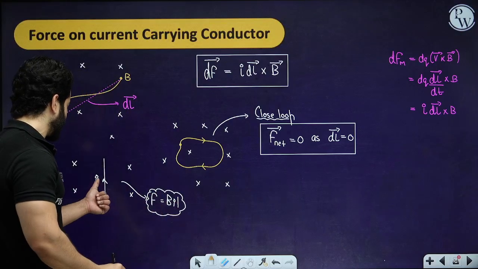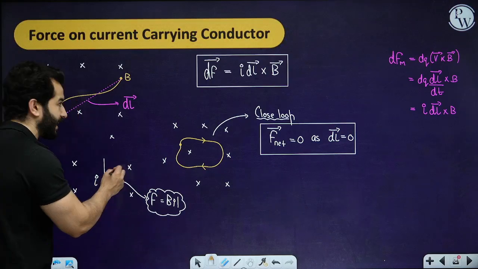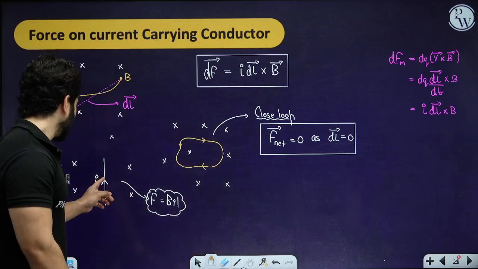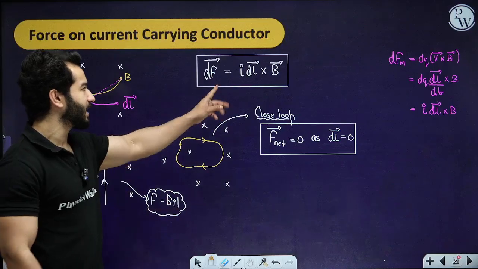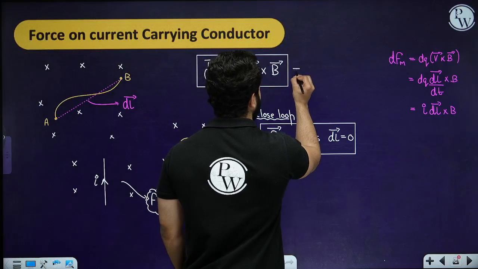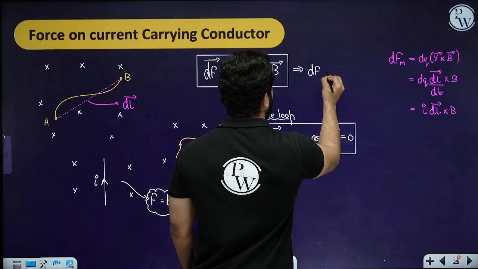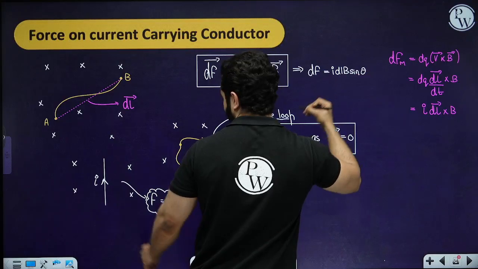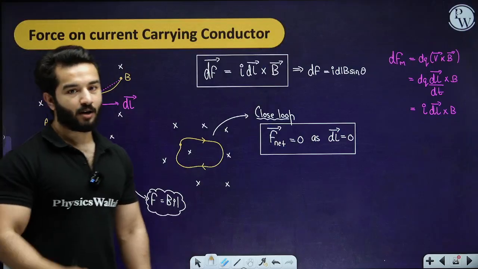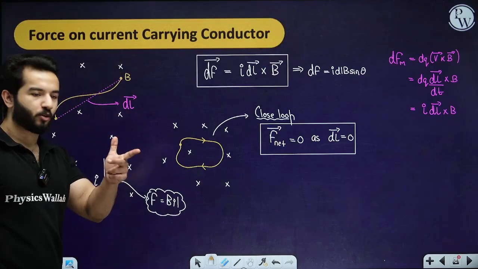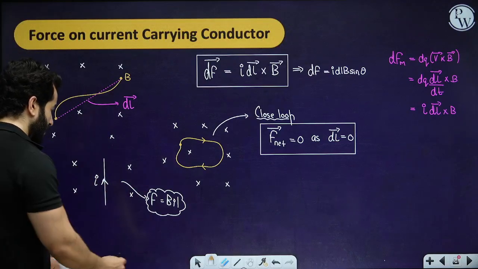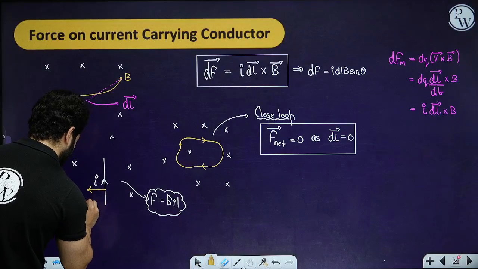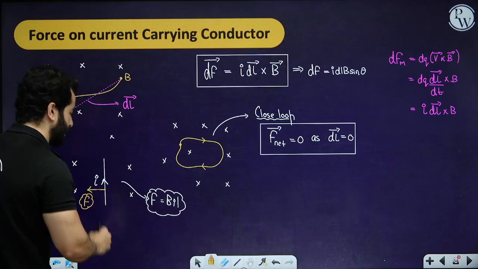The angle between the current element I dl and the magnetic field is 90 degrees, else I would have written it as I dl B sine theta. Here sine theta is sine 90, that is 1. So BIL. And what is going to be the direction of this force? Again, you can use the left hand rule. Magnetic field, current, so force will act in this direction, and the value is going to be BIL.